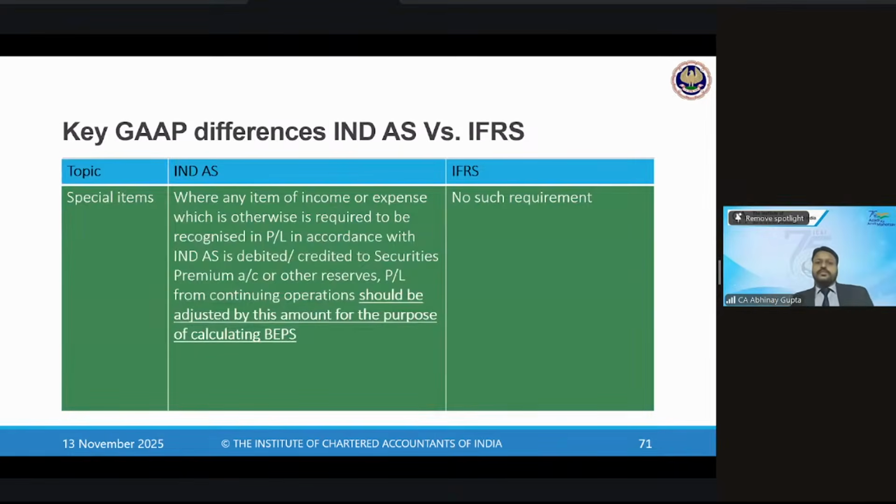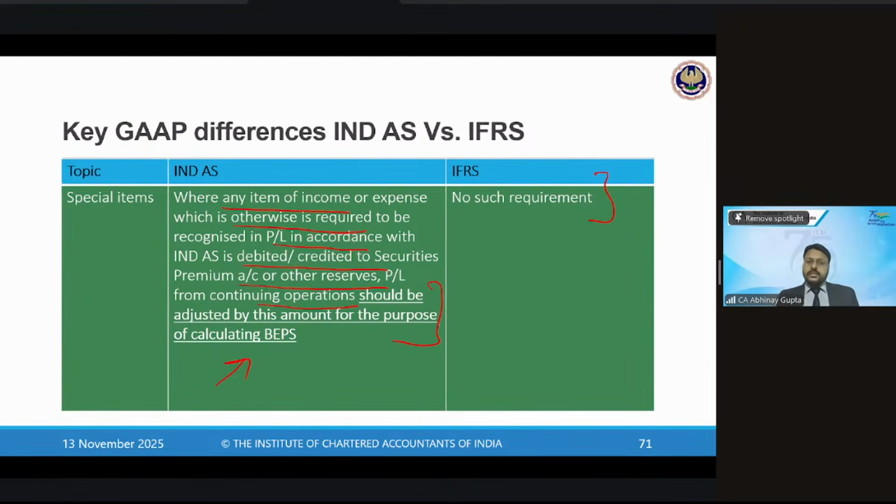Then what are the differences between Ind AS and IFRS? Ind AS says where any item of income or expense which is otherwise required to be recognized in the P&L in accordance with the Ind AS is debited or credited to the securities premium account or other reserves, P&L from continuing operations should be adjusted for the purpose of calculation of basic earning per share, right? IFRS has no such requirement.